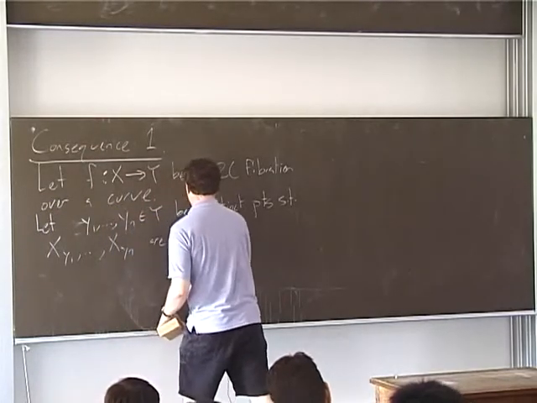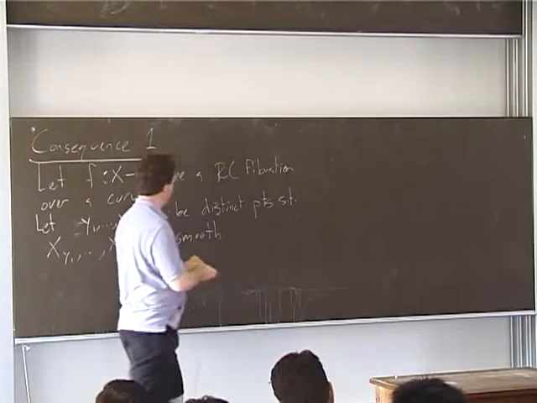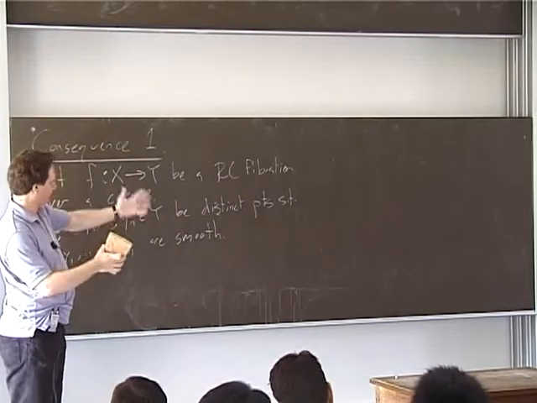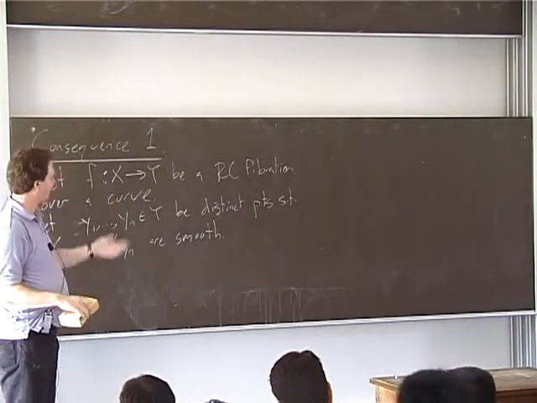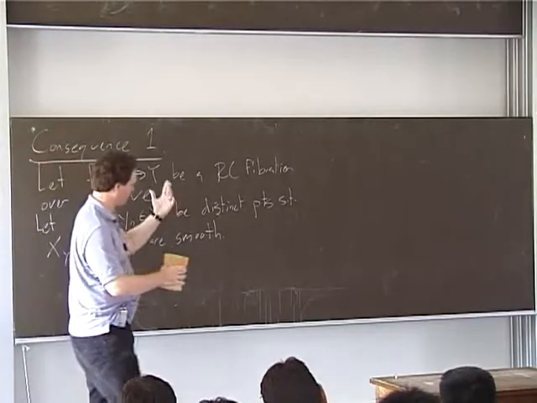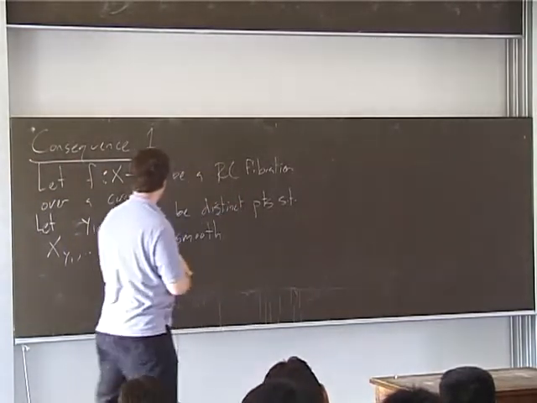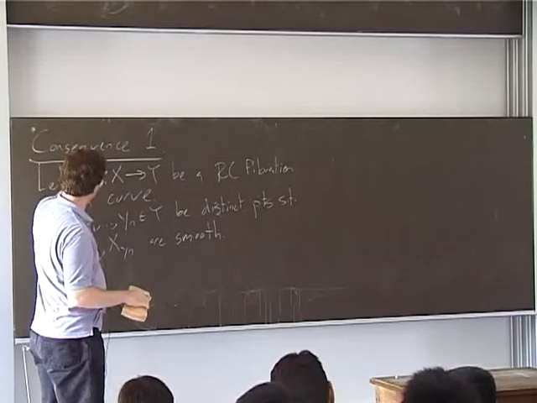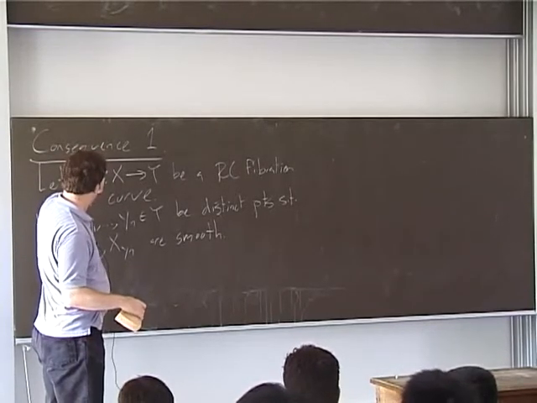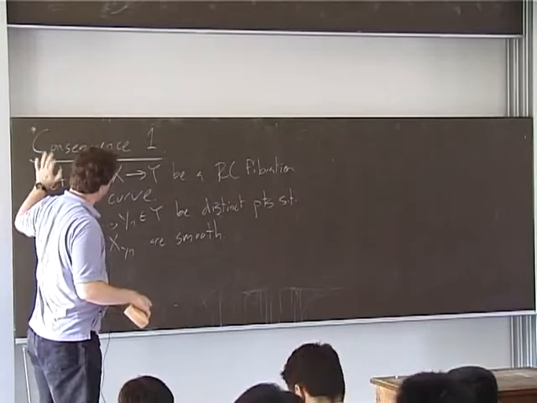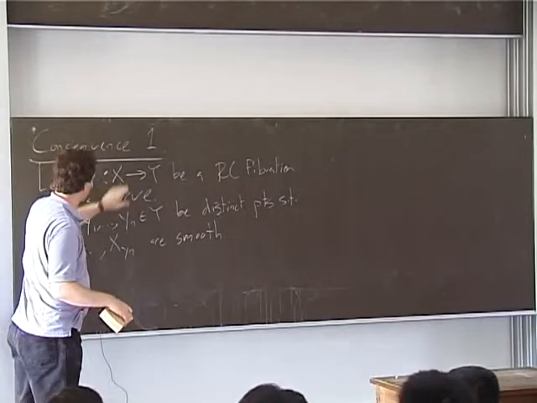Not every fiber will be smooth. You wouldn't expect that. If you have a family of elliptic curves, they specialize. They can become nodal plane cubics, or there's this Kodaira classification of the types of singularities those specializations could have. So you expect some of the fibers will be singular, but the generic smoothness theorem tells you that the general fiber will be smooth.